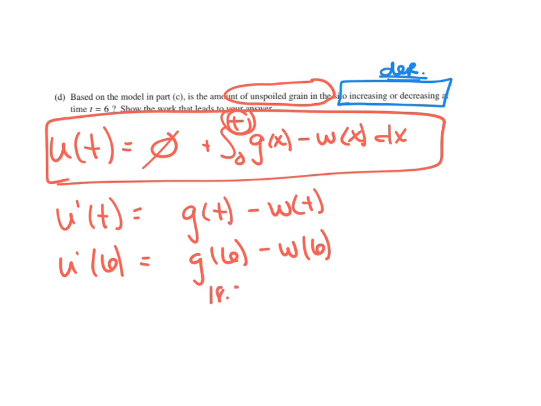I think this was like an 18.3, which I'm just reading from the table, of course, minus 16.063 to leave me with 2.236. And then make sure you answer the question. Since u prime of 6 is greater than 0, I would say that the amount of unspoiled grain is increasing.